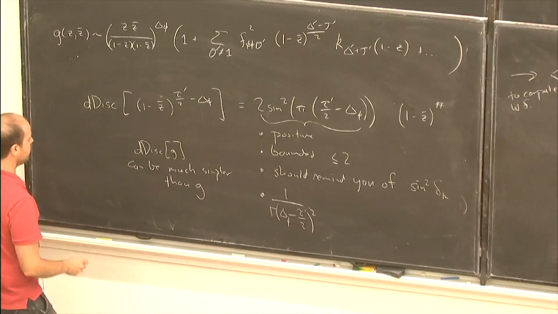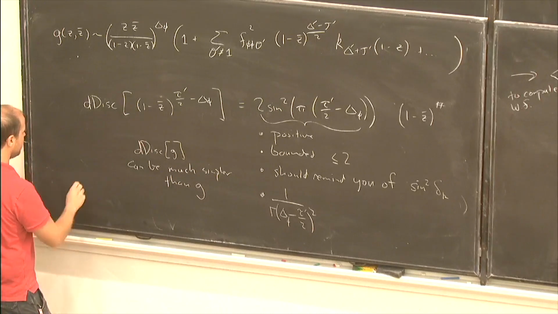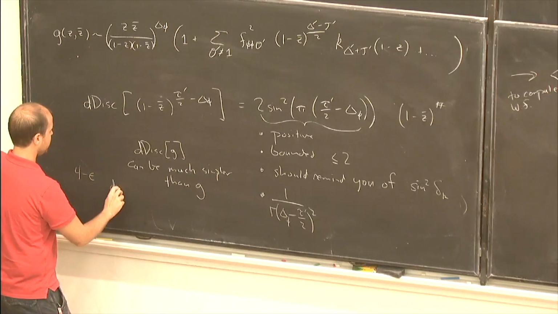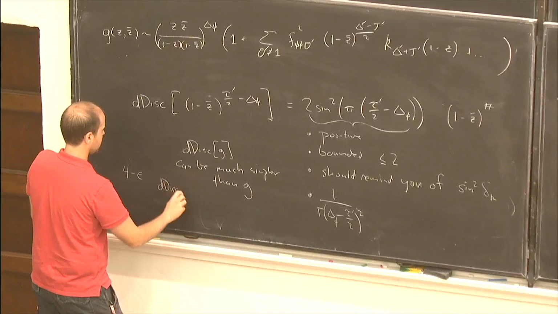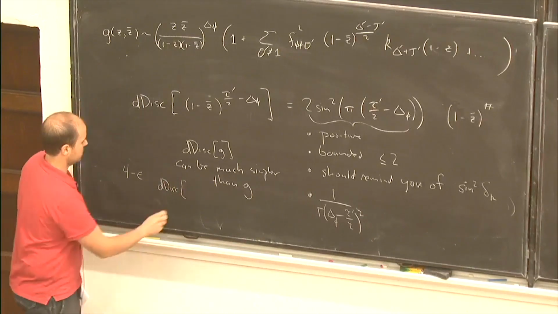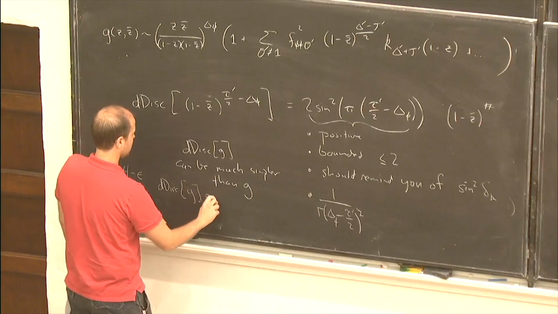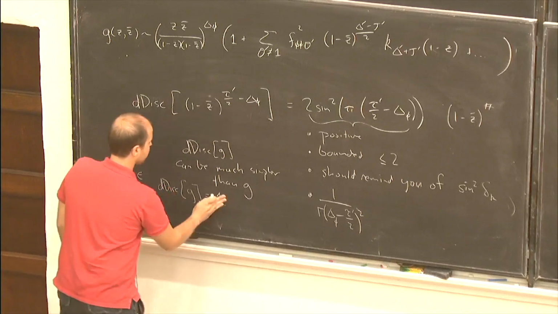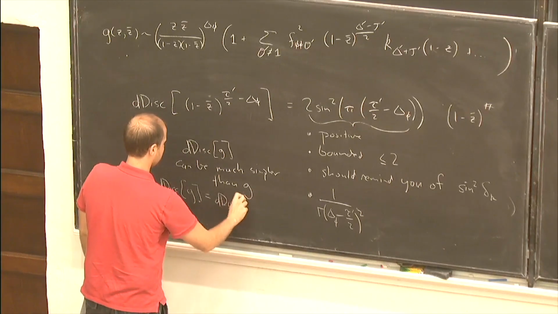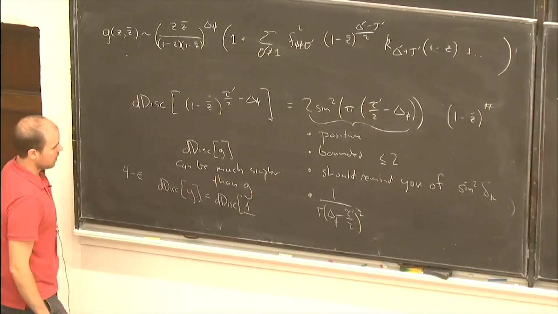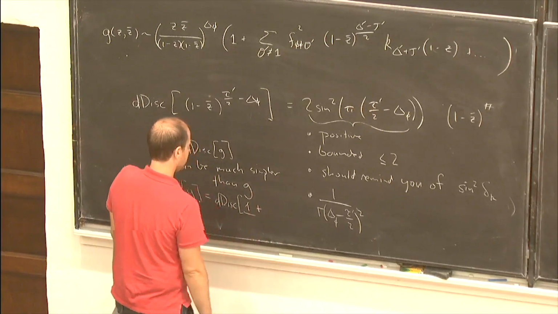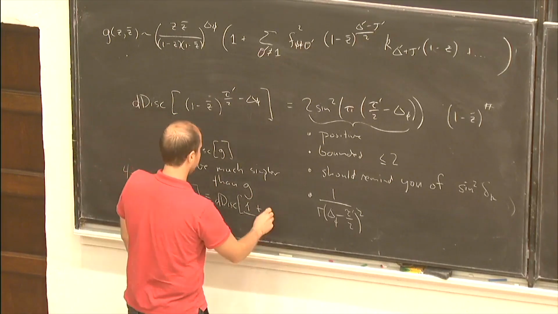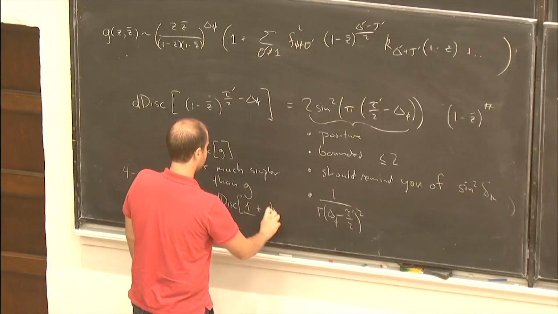Just to give a concrete example, in the Wilson-Fisher theory in 4 minus epsilon dimensions, if you take d disk of the 4-point function, then the only operators that contribute to leading order are the unit operator, and the only operators that contribute up to order epsilon cubed are the phi squared operator.